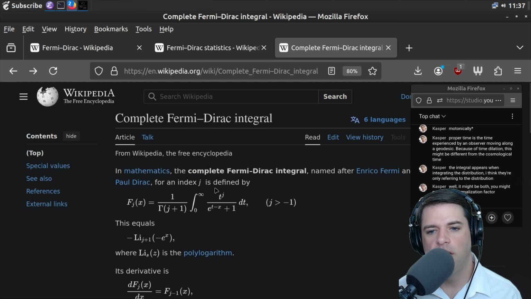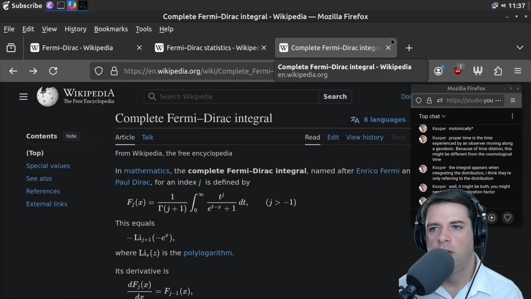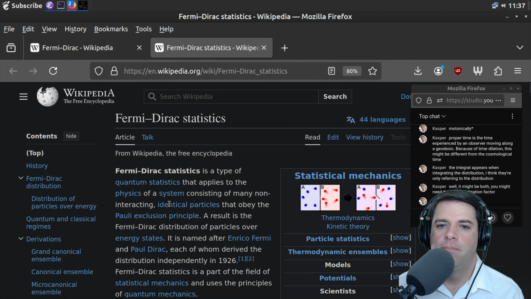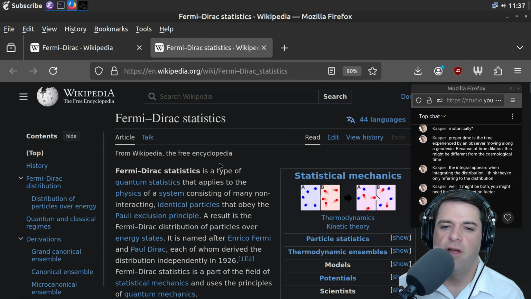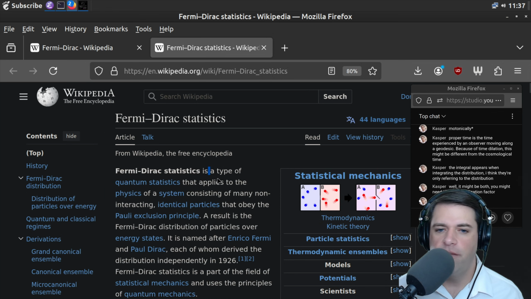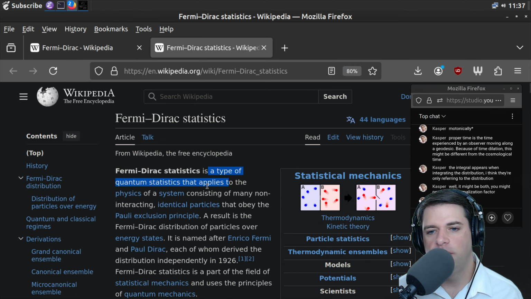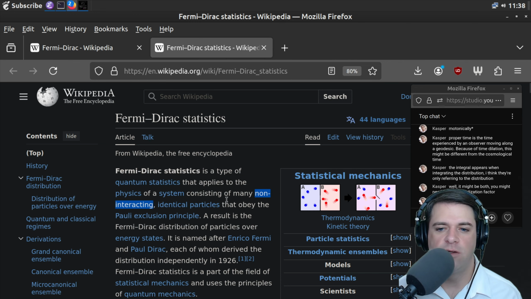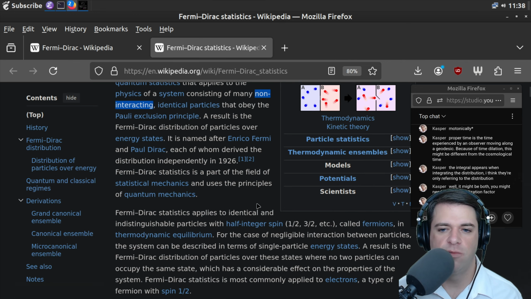And then this is just some integral of the integration variable over this exponential thing plus 1. Okay. And then Fermi-Dirac statistics is a type of quantum statistics that applies to the physics of a system consisting of many non-interacting, I guess maybe neutrinos, since they're neutral, or non-interacting identical particles that obey the Pauli exclusion principle.